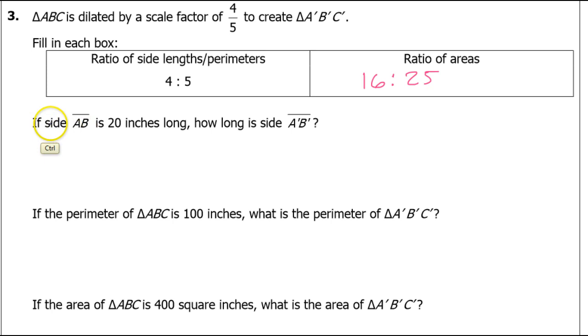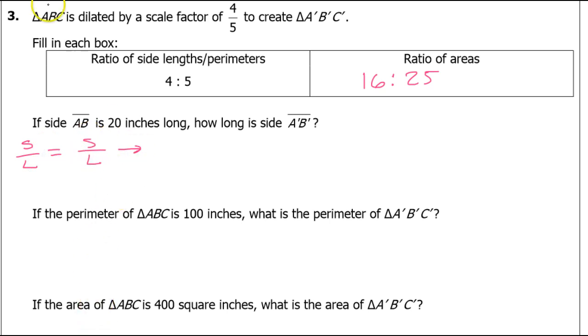Now, if side AB is 20 inches long, how long is side A prime, B prime? Okay. So, I think I will stick with small over large equals small over large.